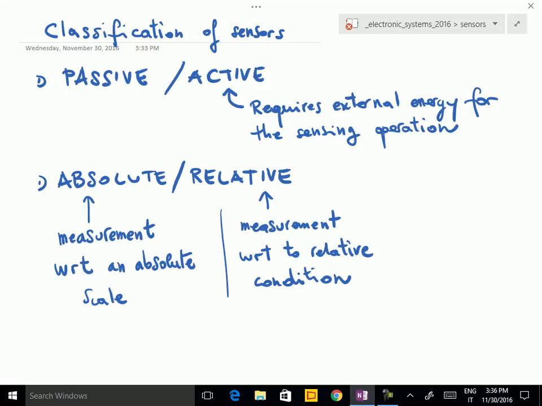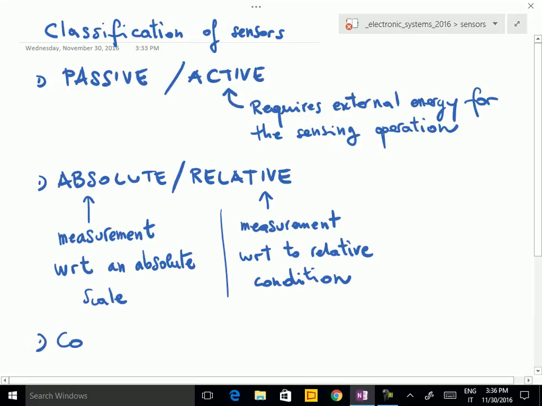So I only know how many degrees the phone has rotated with respect to the initial condition. Sometimes, for example, temperature sensors already provide me the temperature in absolute degrees. So with respect to an absolute condition. Okay, there are many of these examples. They are pretty easy to make.